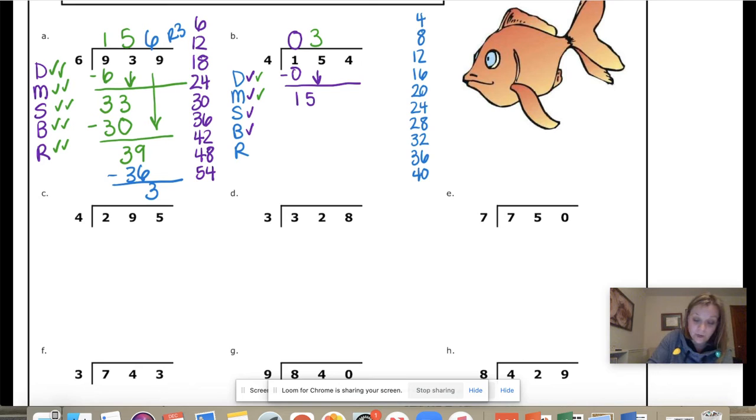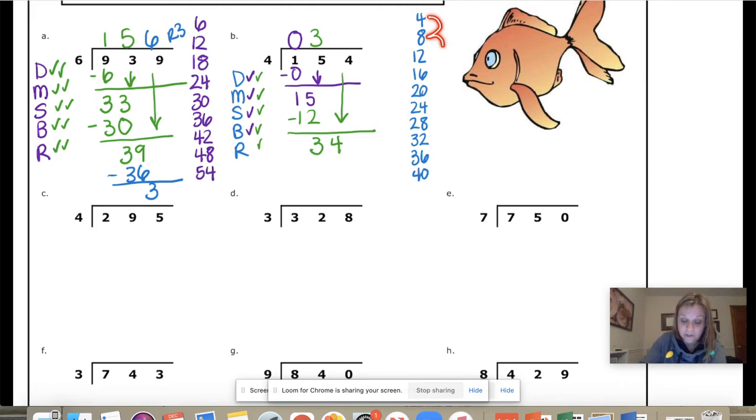Multiply 4 times 3 is 12. Subtract 15 minus 12, 3. Bring down the 4. I now have 34. 34 divided by 4. And keep repeating.